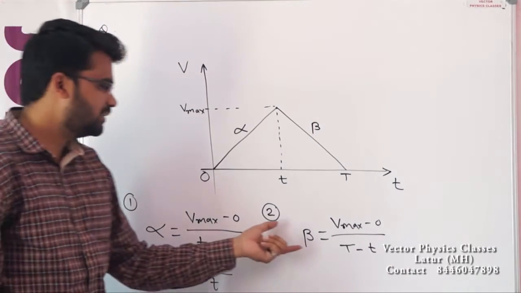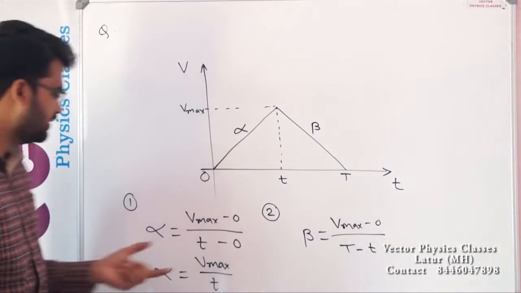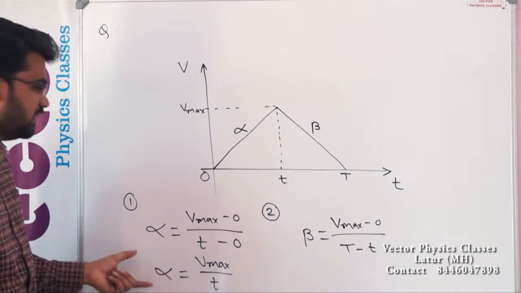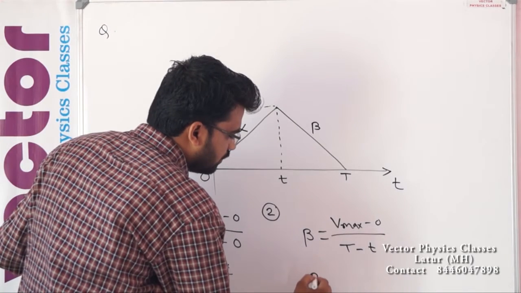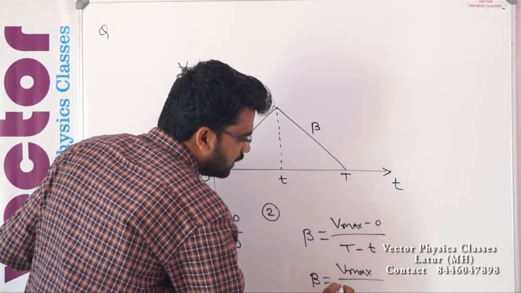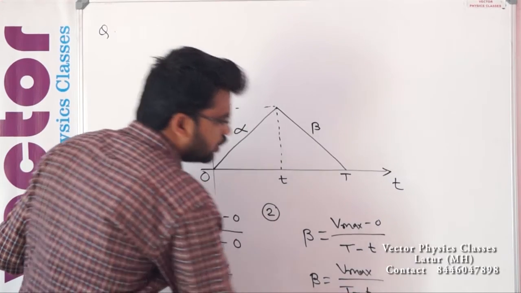Right. So this is the deceleration and this is the acceleration. So from these two equations, beta can be rewritten as Vmax upon capital T minus small t.